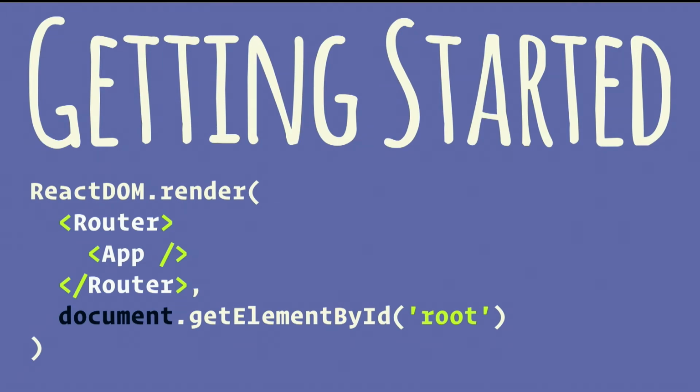And then when we have that one line in index.js that replaces the empty element in our HTML with our React component, instead of just putting app in there now, we'll wrap app inside this router component that is provided by React Router. And then we just define routes.